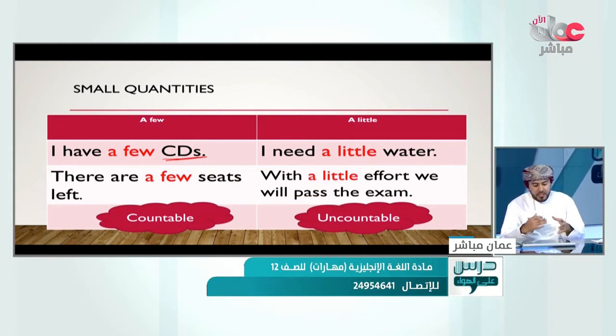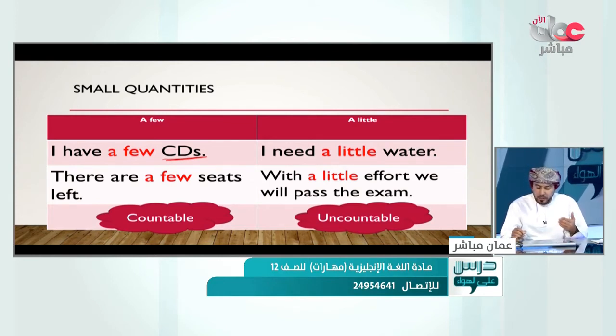So here the idea is that we can count it. While little, if you notice, is followed by uncountable nouns like water, like milk, as we said before, coffee, tea, sugar, salt, and so on.